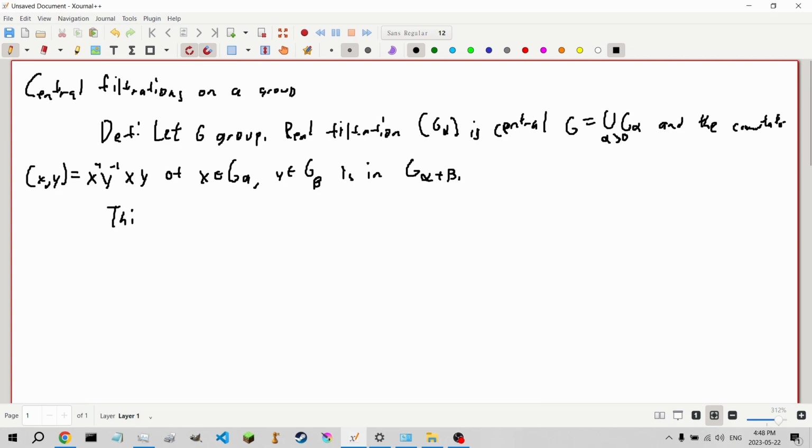This translates in terms of our order function to our order being strictly positive and the order of the commutator of two elements being at least their sum.